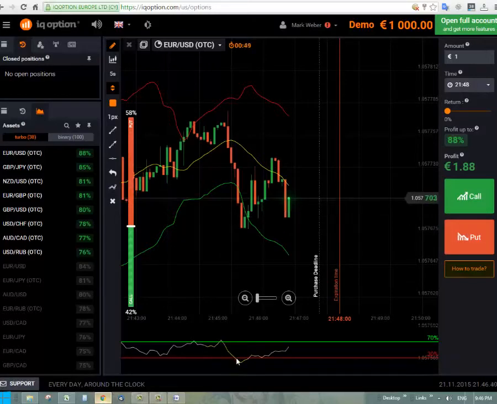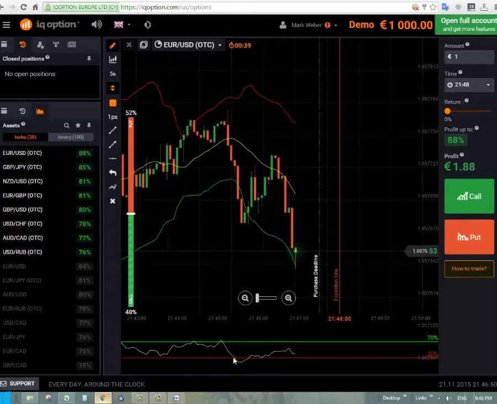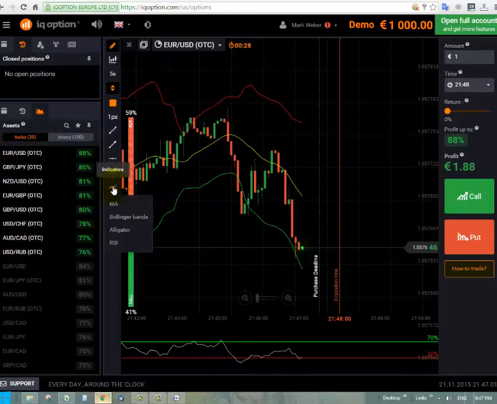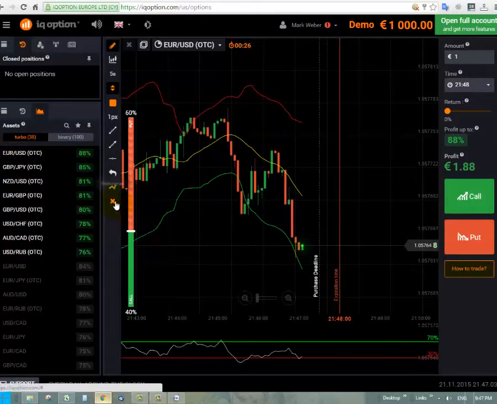That tells us about the trend. If something is overbought, then we will expect a change on the trend, as you can see here. And if an asset is oversold, then we will expect an uptrend, as you can see also here. The next indicator we will use is the moving average.